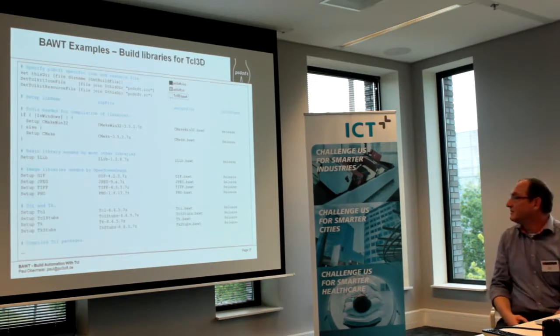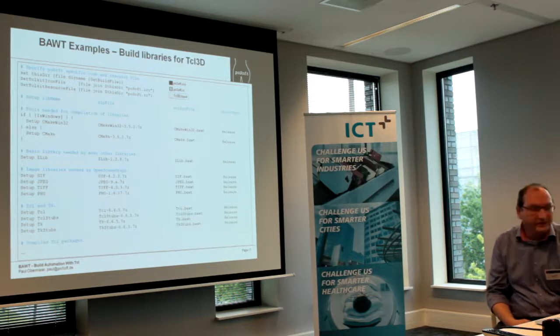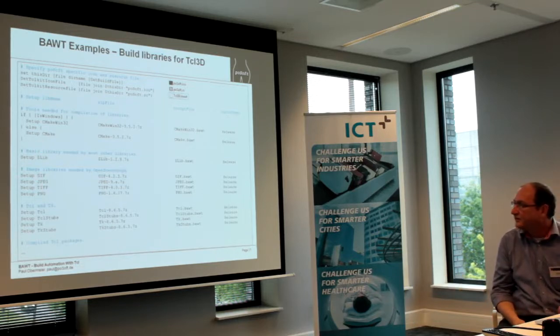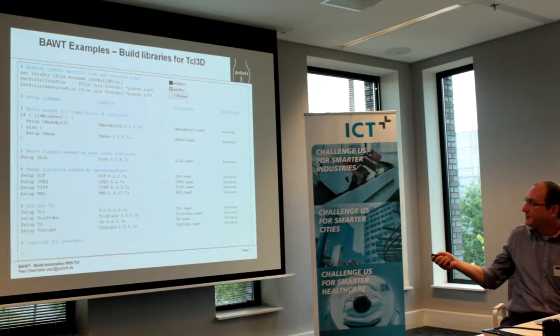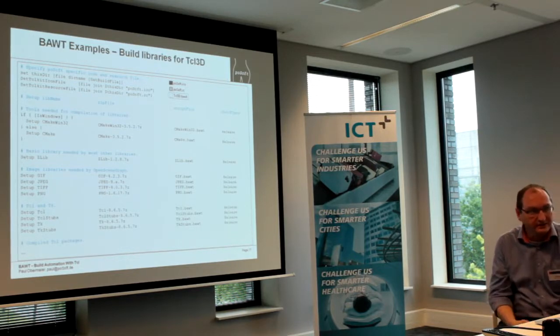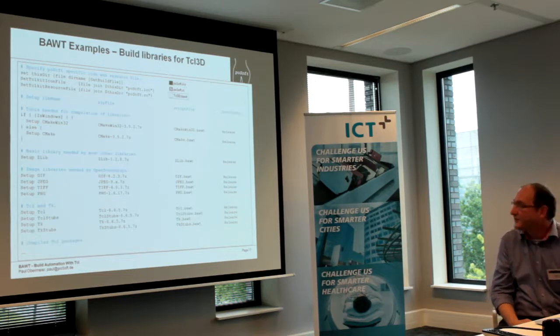So here's a little more complex setup file, which I am using for my Tcl 3D library. Here I need several other libraries like the standard zlib, GIF, and so on, which I need for OpenSceneGraph. You can also, as I mentioned, generate Tcl kits out of that process.